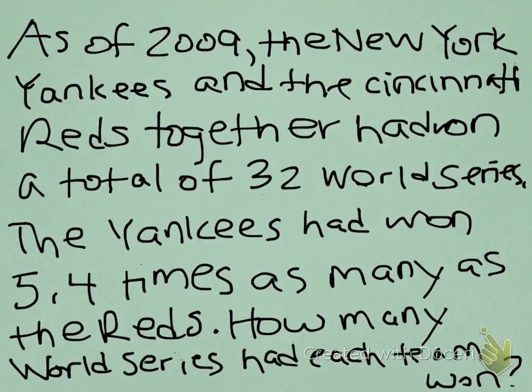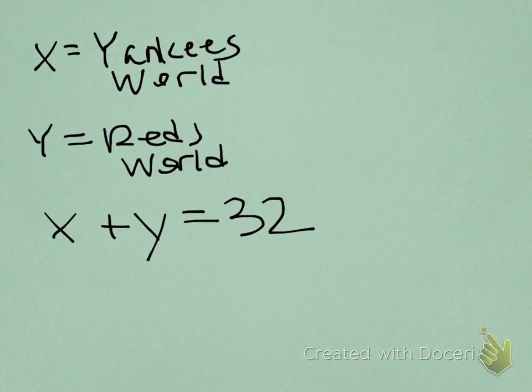If we go back and keep reading, we have the Yankees had won 5.4 times as many as the Reds. So we're going to put it equal to x, and it's 5.4 times as many as the Reds. So we're going to do 5.4 times y equals x, and that's going to be our second equation.